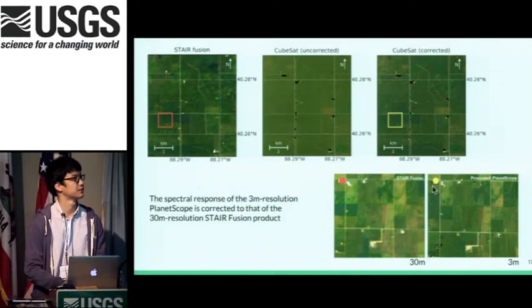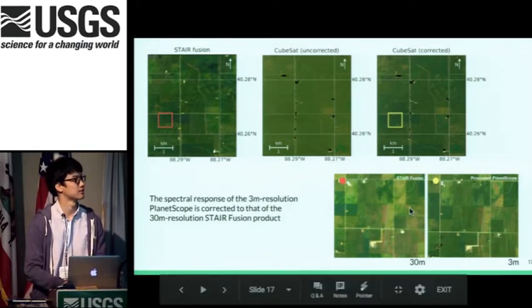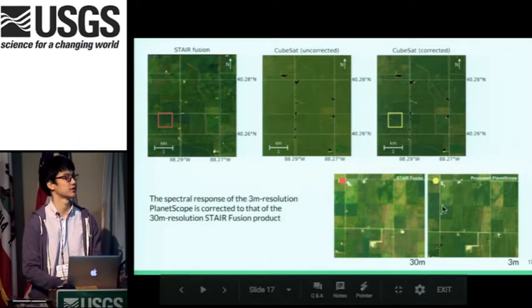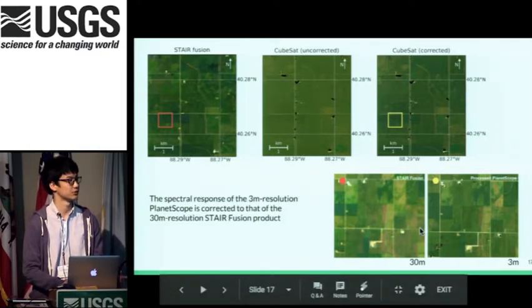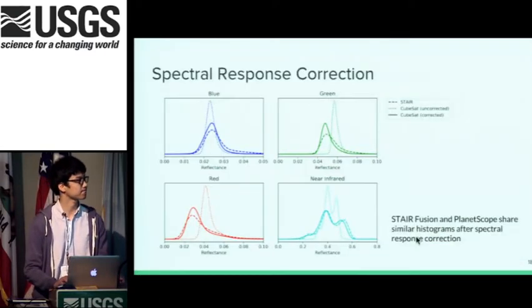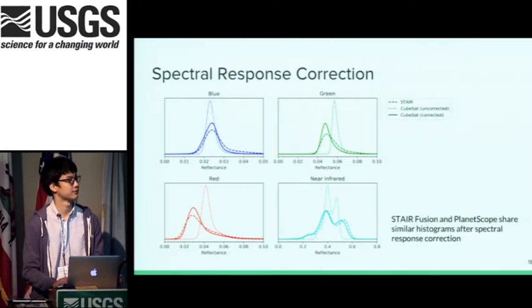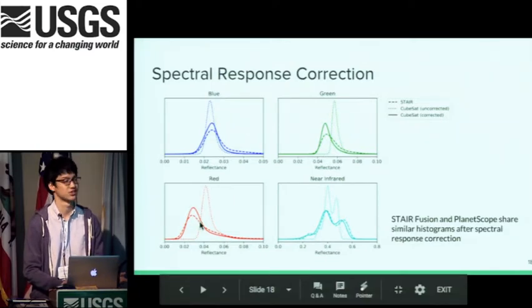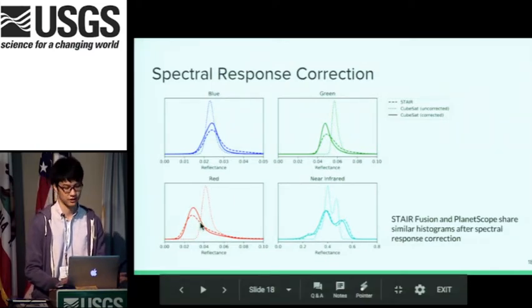If you look at the zoom-in of the 30 meters STAIR results and the processed PlanetScope, you can see that they have different resolutions. This one is 30 meters, this one is 3 meters, but overall the color, the spectral profile, is the same. And if you plot the histograms in each band, they look almost identical, as shown in the solid lines and the thicker dashed lines.